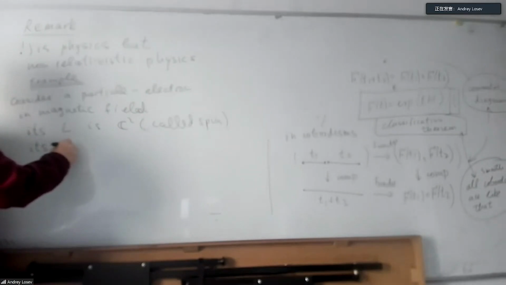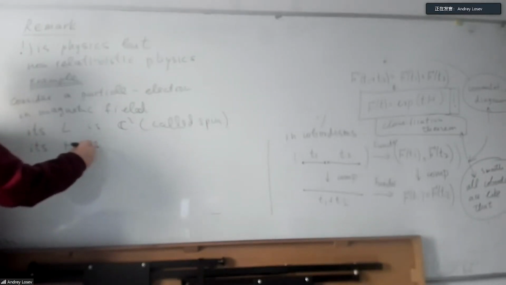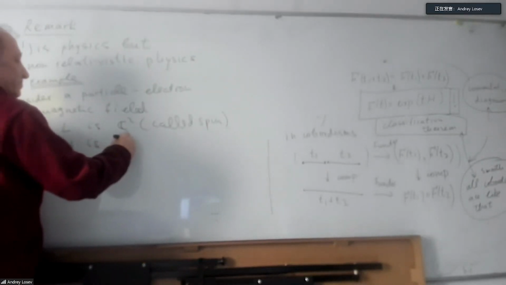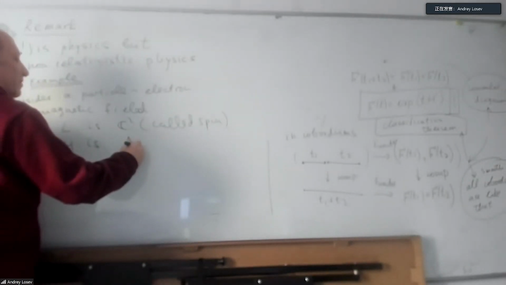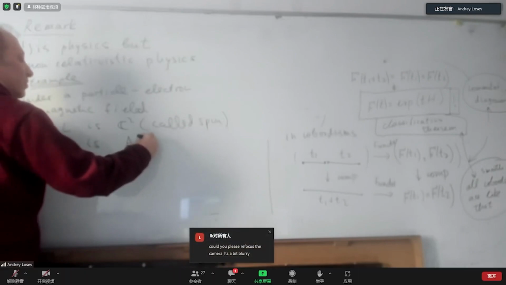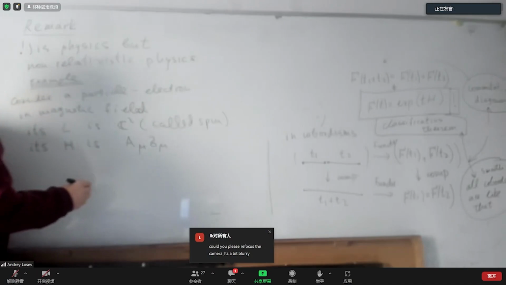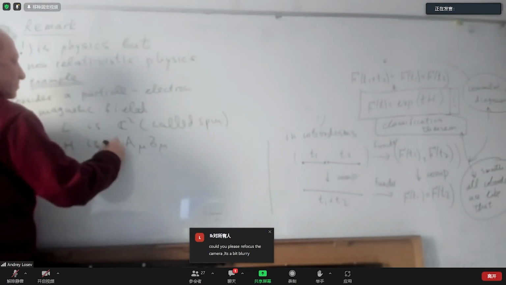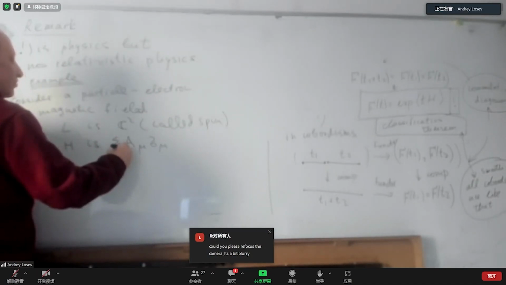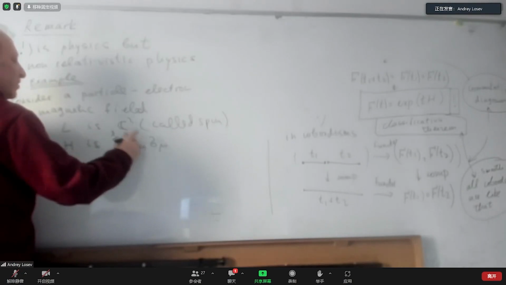Its H is a sum over mu of a mu sigma mu, mu going from 1 to 3.